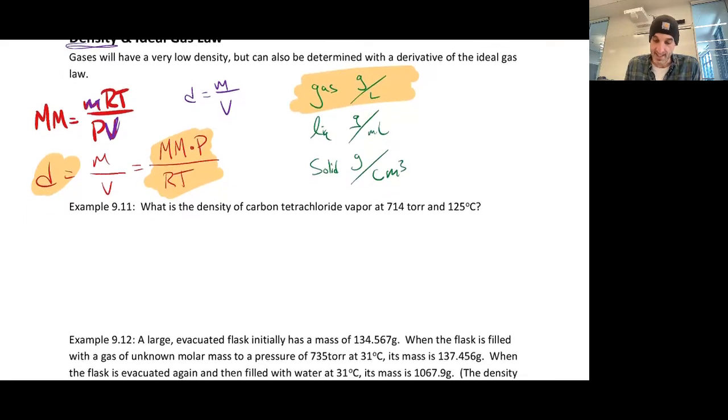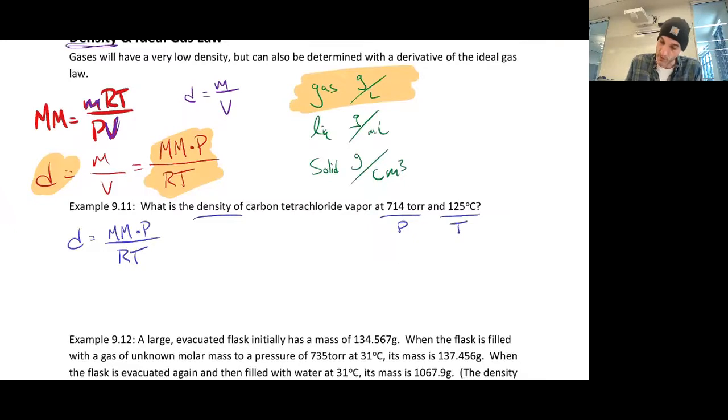So what is the density of carbon tetrachloride? Again, we're going to start with the density, which we're looking for. It's equal to molar mass times pressure all over RT. We have a pressure of 714 torr, a temperature of 125 degrees Celsius, and R, which is a constant.